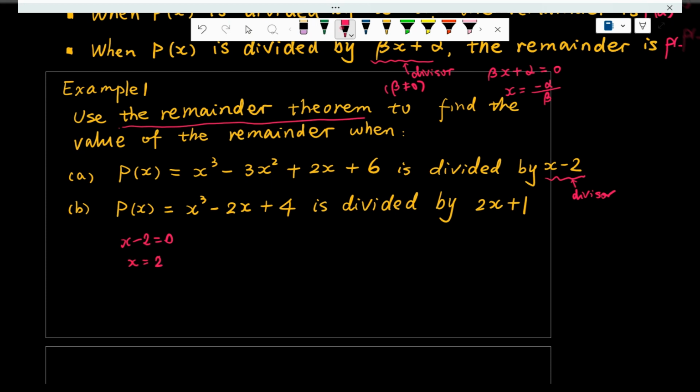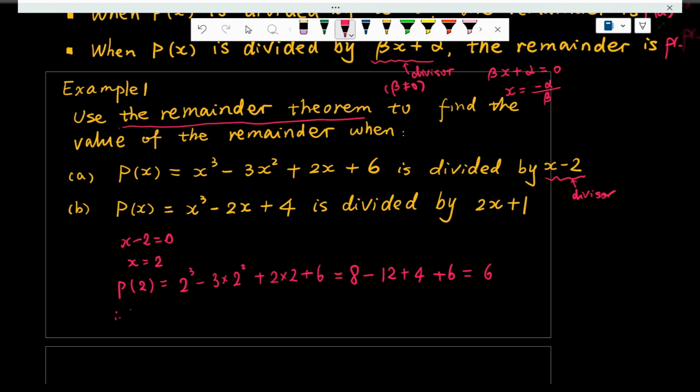And input the value of x into the expression of the polynomial. p of 2 is equal to 2 to the power 3 minus 3 times 2 squared plus 2 times 2 plus 6. Then simplify this one, we will have 8 minus 12 plus 4 plus 6. And this result will be positive 6 directly.